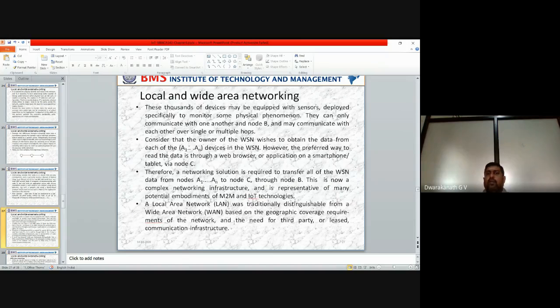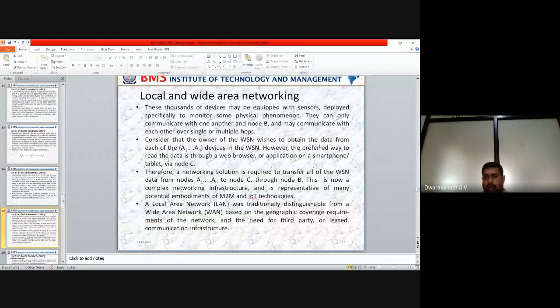Consider that the owner of the wireless sensor network wishes to obtain data from each of the A1 to AN devices in the wireless sensor network. Now I need information from every node of that, meaning A1 to AN, multiple sensors will be there. I need information.